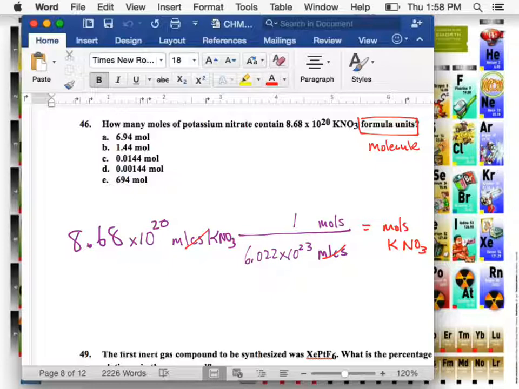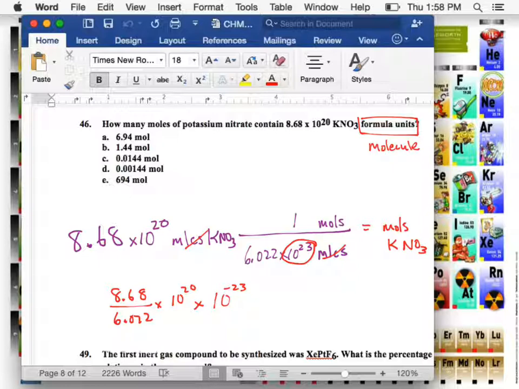It's now just a question of entering it into the calculator. A calculator tip that I would use: take 8.68, divide by 6.022, multiply 10 to the 20th. This power of 10 is happening in the denominator. I can make it in the numerator if I make it negative. These are my tricks. If you don't want to do these tricks, don't worry about it. You can just enter it in the calculator and hope for the best.